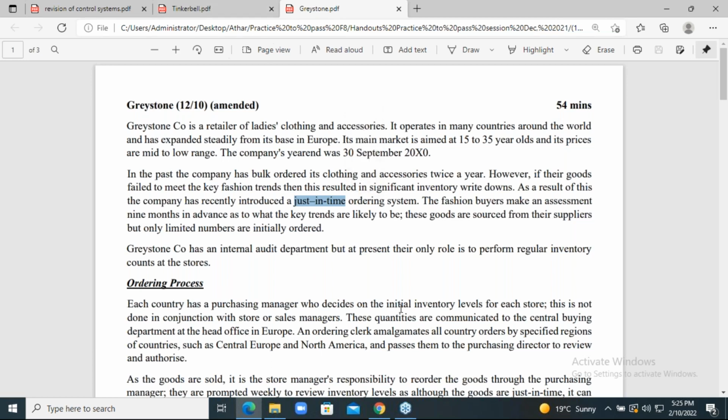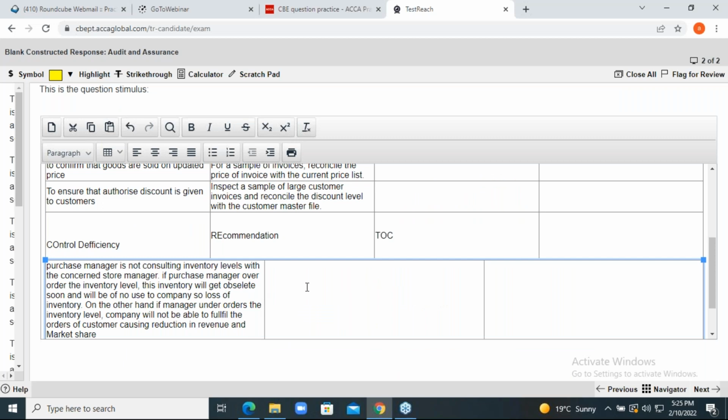The problem was that the store manager or sales manager was not involved in the process. So get him involved. The easiest recommendation is that the store manager should be involved.